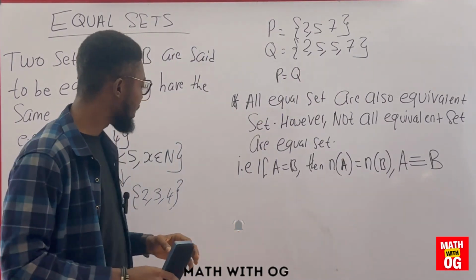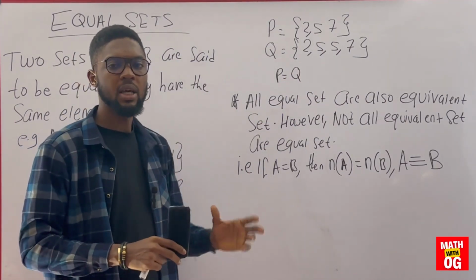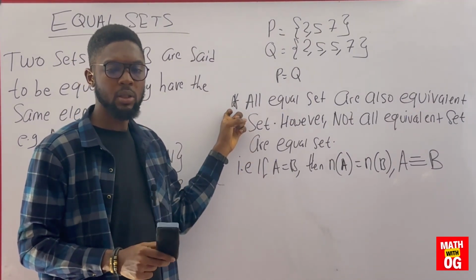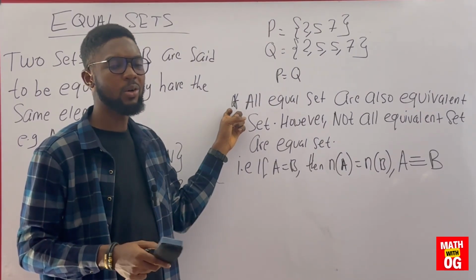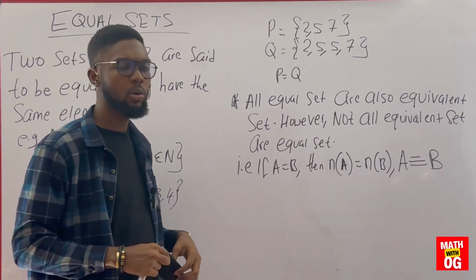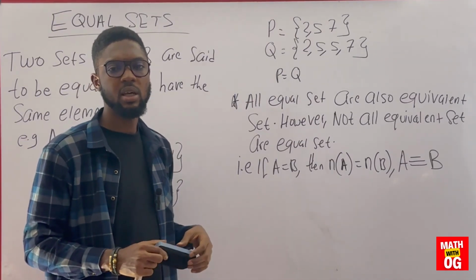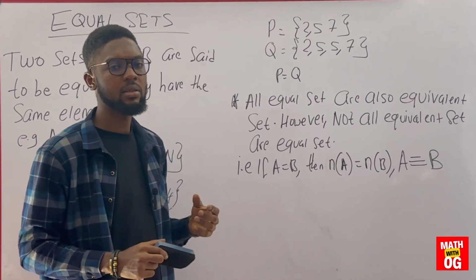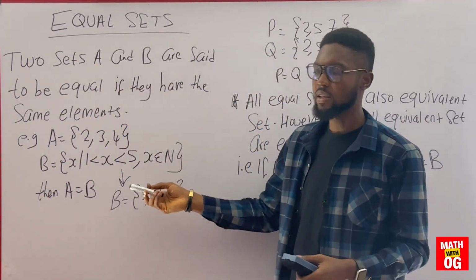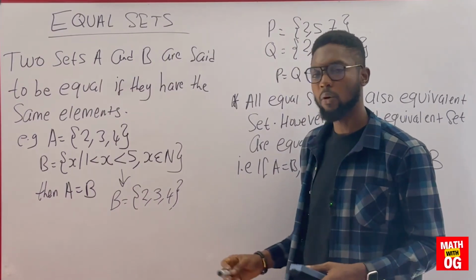Now that we know how to get equal sets, there's one last thing: connecting equal sets and equivalent sets, or let's say a relationship, and it is that all equal sets are also equivalent sets. So once you know that two sets are equal, you should rest assured that both sets are also equivalent. Let's see this as an example. {2, 3, 4} and {2, 3, 4} are equal.